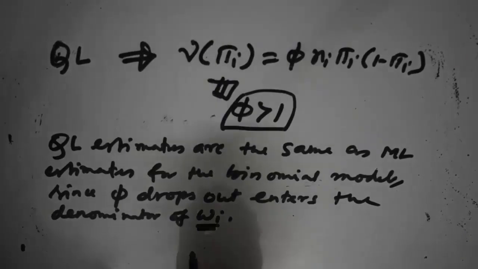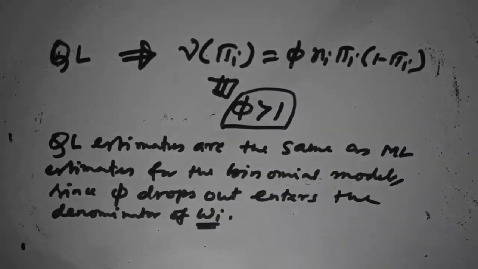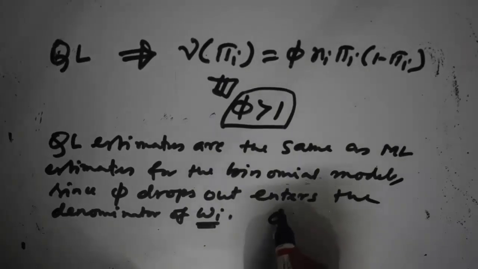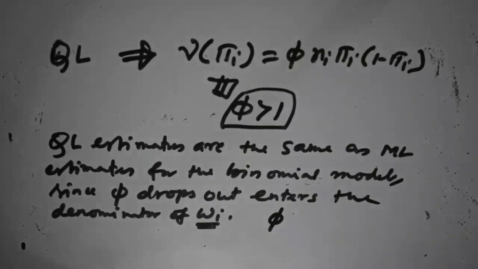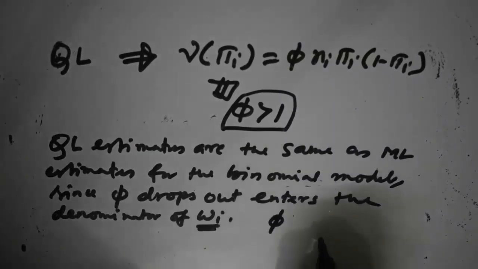Thus, the asymptotic covariance matrix multiplies by phi and standard errors multiply by root phi.